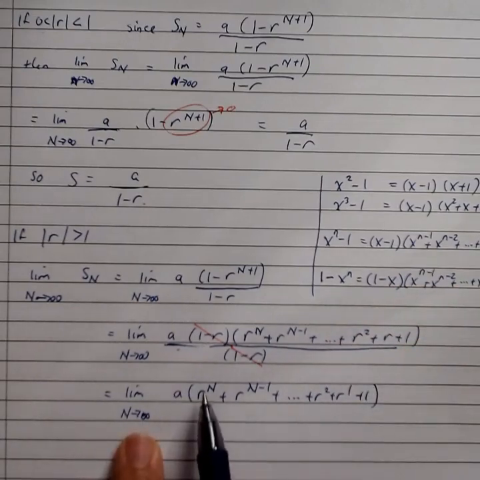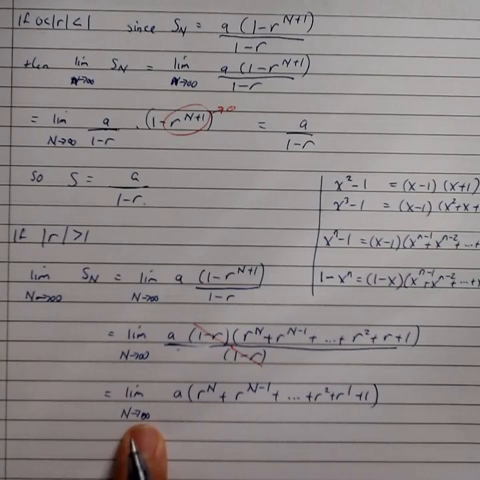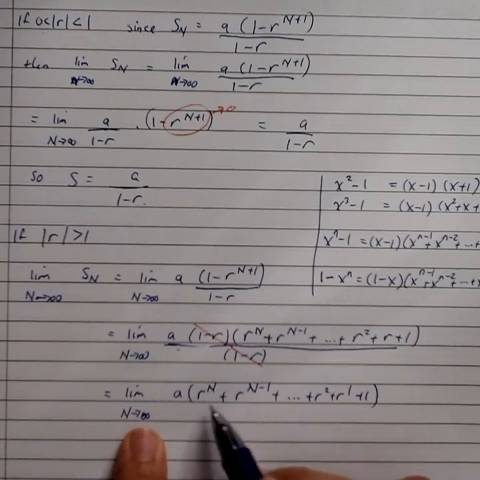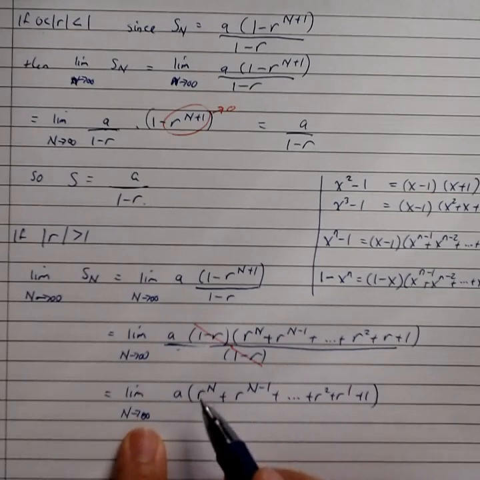And if you have these numbers greater than 1 in absolute value, then as n approaches infinity, this biggest term will oscillate back and forth from positive infinity to negative infinity, right? If this is greater than 1, then this will grow to infinity. If this is less than negative 1, well, then that's still a big number that's oscillating back and forth because it has a negative that's being raised to a second power, third power, fourth power, fifth power, back and forth.